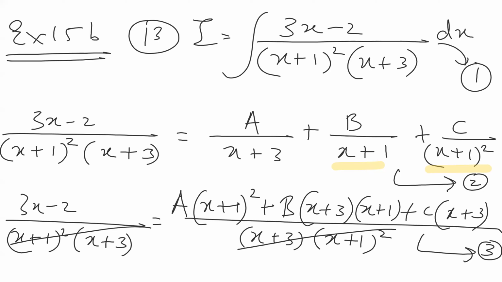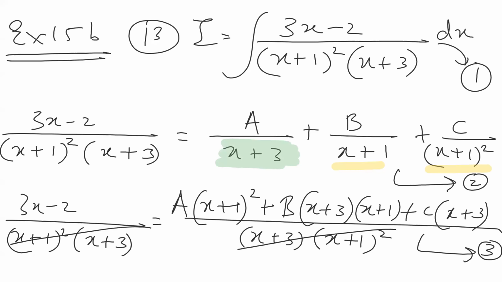I'll be going very slow with this. Equate x plus 3 to 0. If you equate x plus 3 to 0, you'll get the value of x as minus 3. So put x equal to minus 3 in equation number 3. Number the equations very clearly.